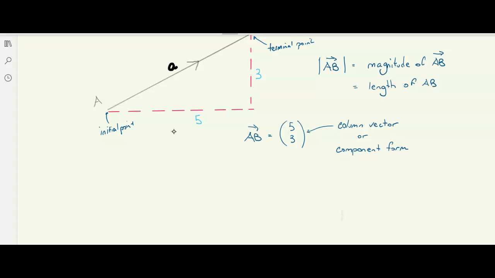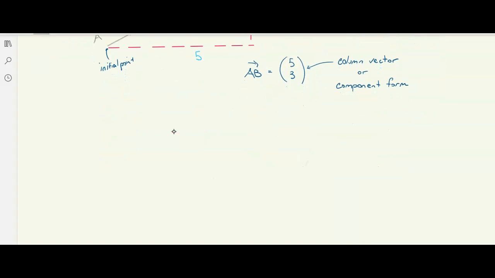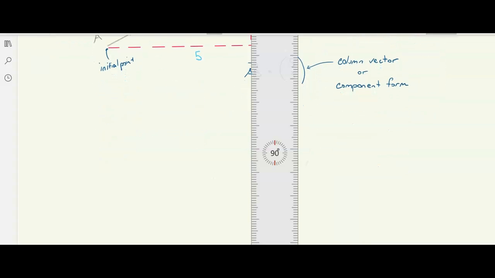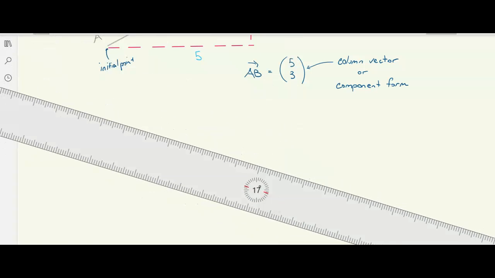Okay, let's introduce another vector. Let's get our ruler out again, and we'll draw a vector heading off in this direction here.